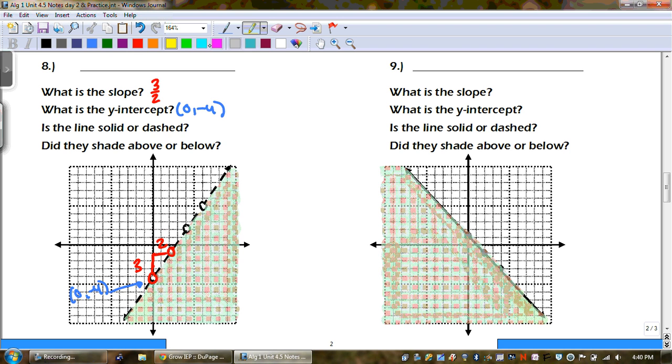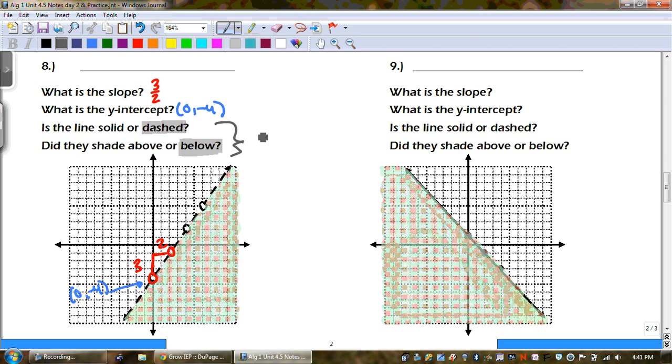Do we have a solid or dashed line? Well, you tell me, look at the line. What is it? Solid or dashed? It's dashed. And did they shade above or below? They shaded below. So these two pieces of information tell you what your symbol is. It's dashed, so that means it can only be less than or greater than.